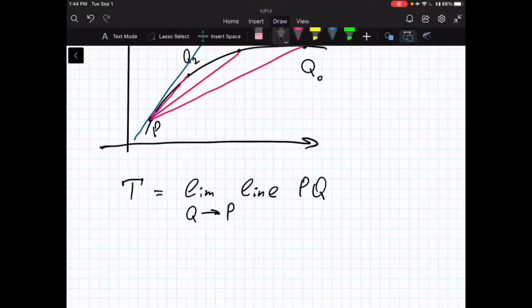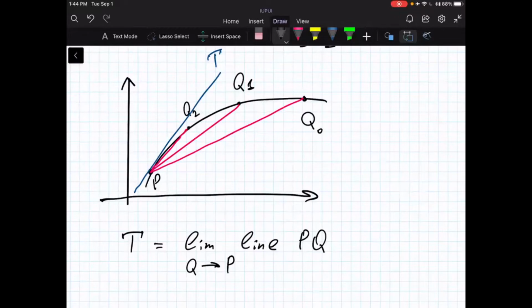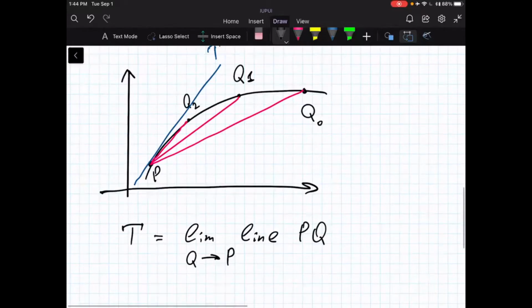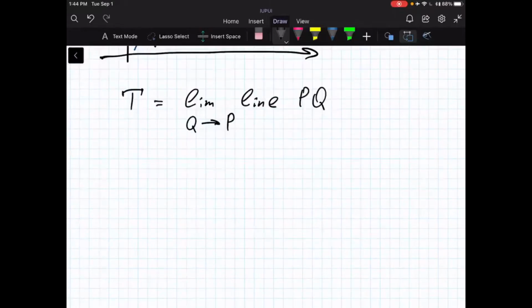Of course, it's not very useful. I mean, this is just how you can define it in a geometric way. But what is interesting is how to find the tangent line, the slope of the tangent line. So let's do that. Again, let me draw one new picture.